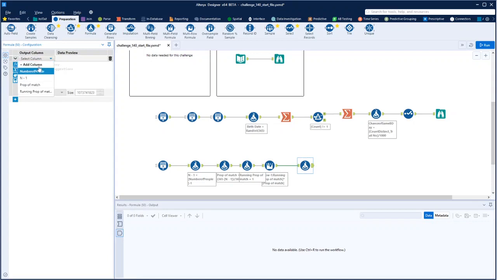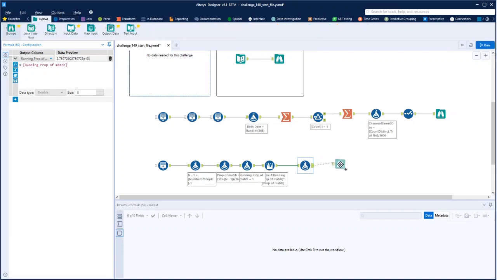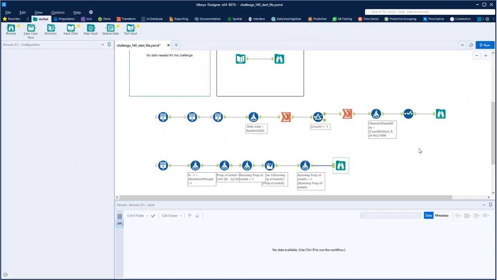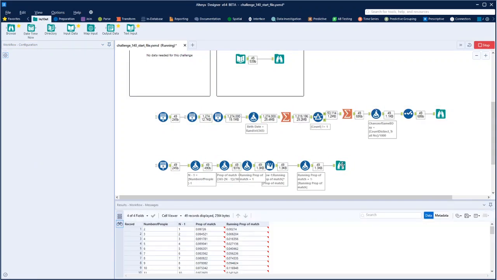So I've got that the wrong way around, but it doesn't really matter. We can take that and do 1 minus that number. So hopefully that will give us a similar distribution. There you go.